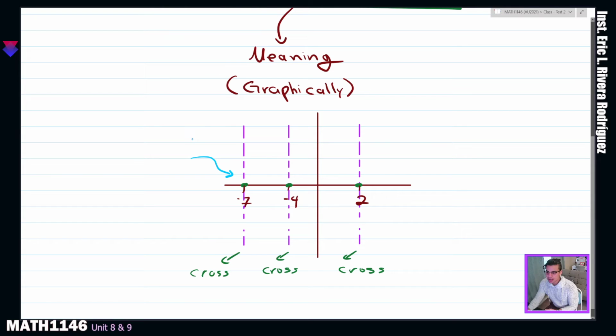What is the sign of the y value here? Is it positive or negative? If the graph is above the x-axis, are we talking about positive values or negative values? They are positive. So if the graph is above the x-axis, it means that we have positive values, right?